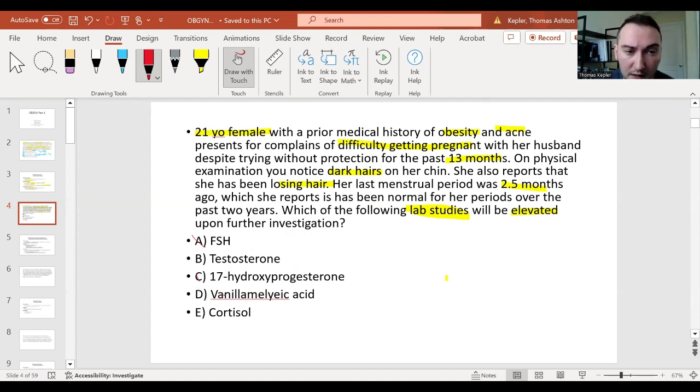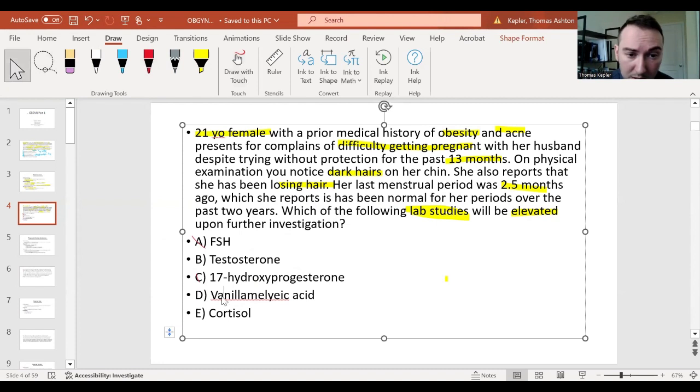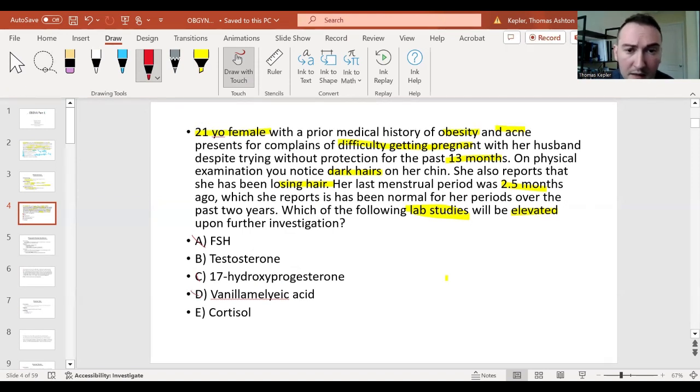Vanillylmandelic acid, I apologize if I misspelled that, there might be typos in this, we expect as part of our plasma metanephrines with pheochromocytoma. Cortisol and testosterone: testosterone is definitely going to be elevated. Estrogen's also going to be elevated, but remember, it's more likely to be estrone, which gets aromatized in the fat tissue because of the obesity, and estrone is probably the weakest of the estrogens. So we're going to go with testosterone here.